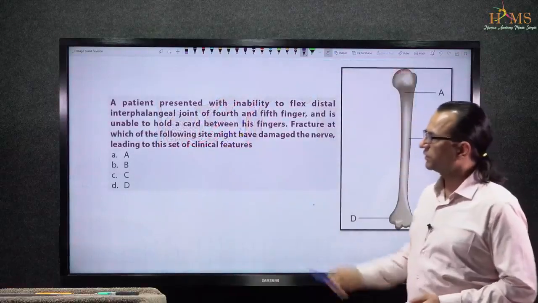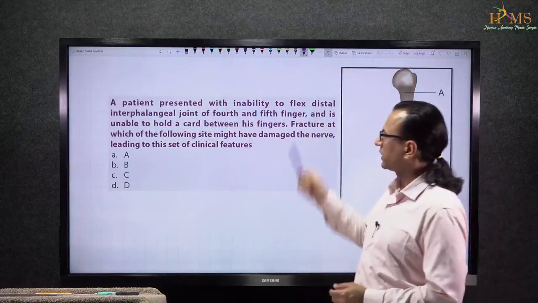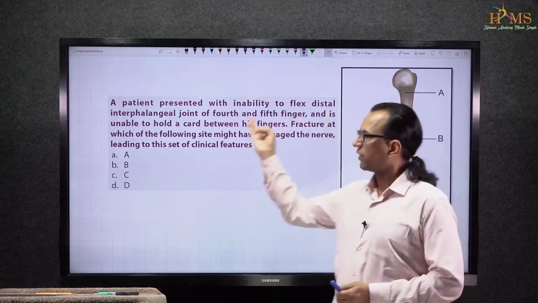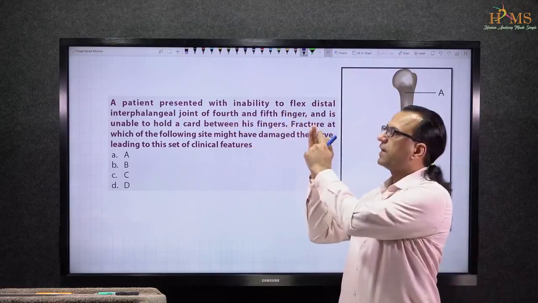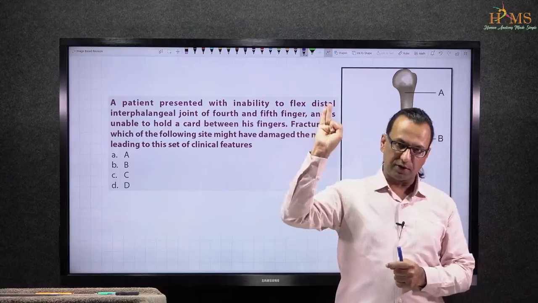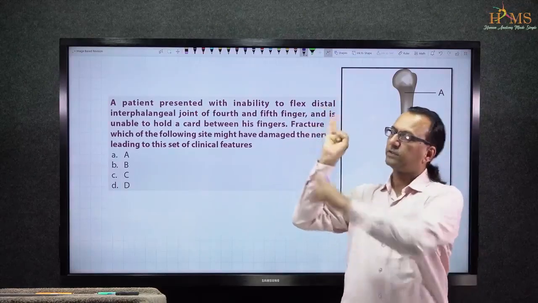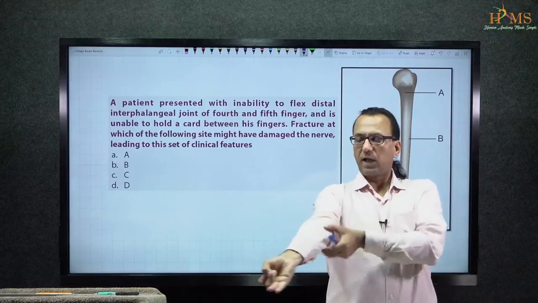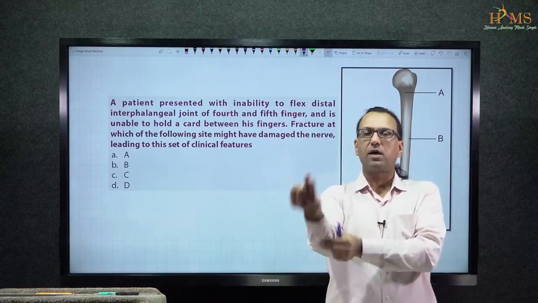Presently we have a patient who is unable to flex the distal interphalangeal joint in fingers number 4 and 5. If you want to flex the DIP, then it will be flexor digitorum profundus, and the flexor digitorum profundus for these fingers is actually the medial half of FDP, supplied by the ulnar nerve.